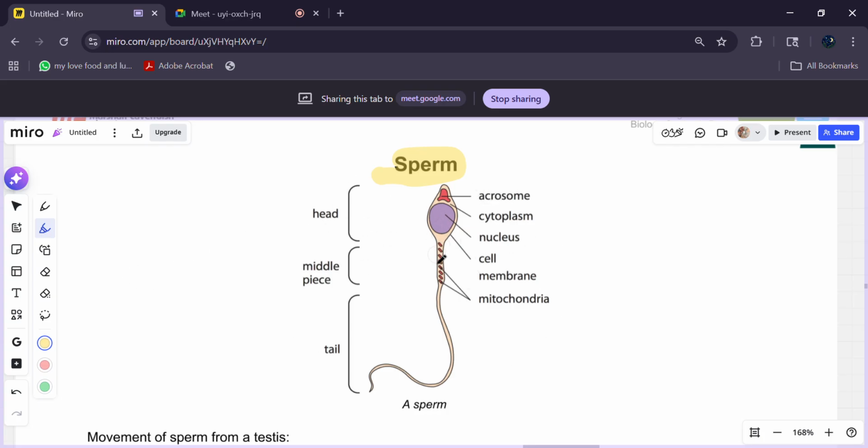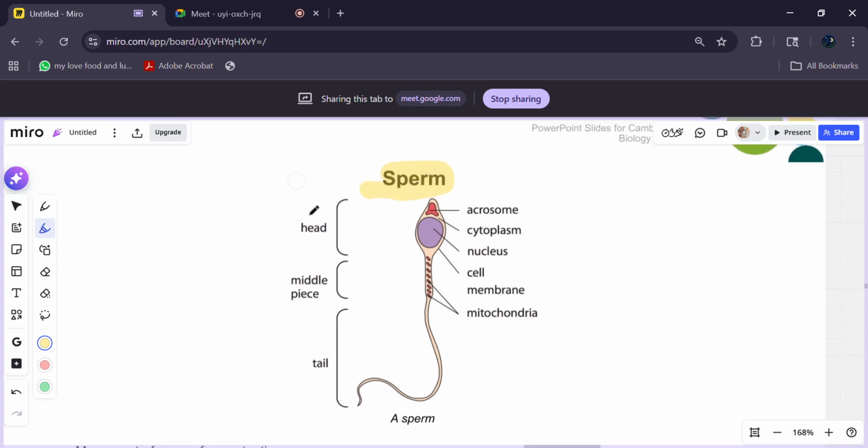Numerous sperm are produced throughout the life of a male human, and when he becomes physically mature, a sperm is about 60 nanometers long. So the sperm is the male gamete, and it's needed during fertilization to produce the zygote.